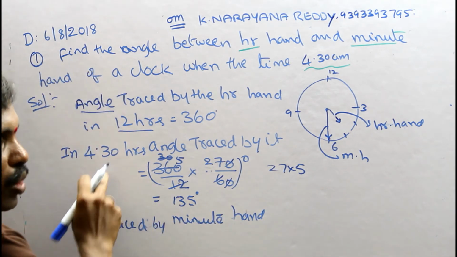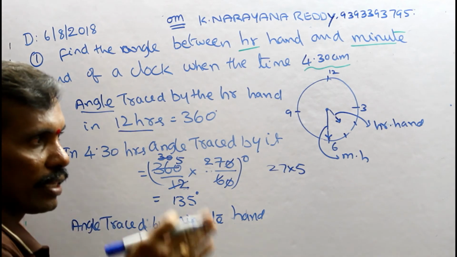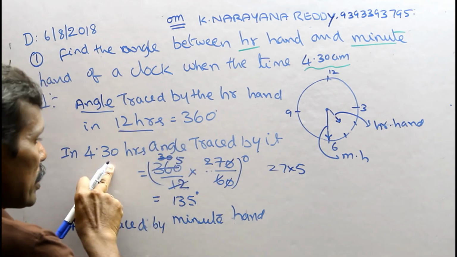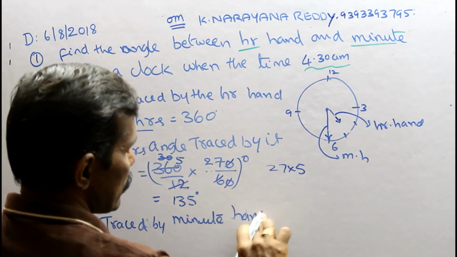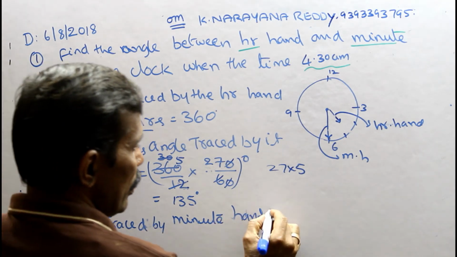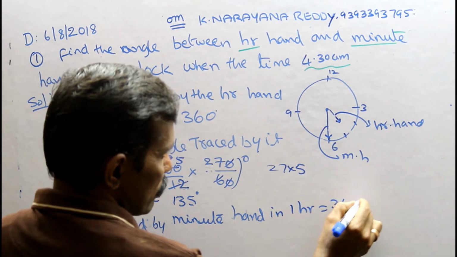In 30 minutes only, because already for every hour the minute hand goes around, but here it is 30 minutes. The angle traced by the minute hand in 1 hour equals 360 degrees.